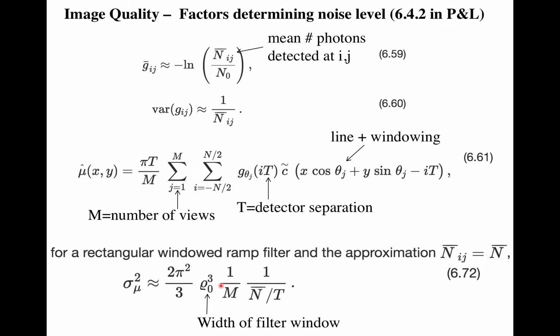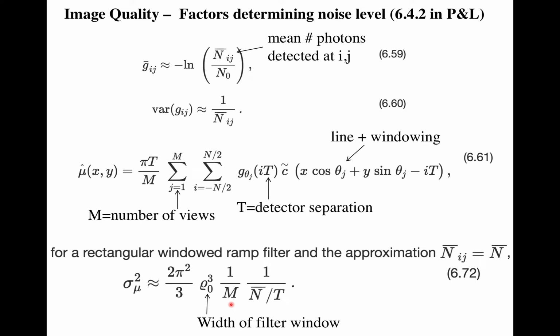It goes as 1 over m, where m is the number of angles. So if I make 128 projections and look at my signal and the variance, and then I add 128 more projections between the ones that I got, the noise goes down. The actual values stay the same. They're estimated better with better spatial resolution, but basically the noise goes down.